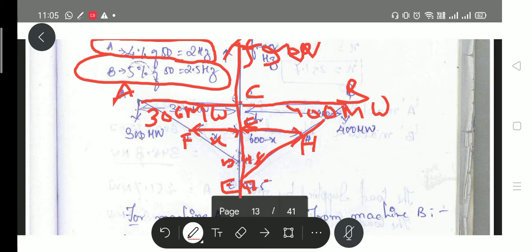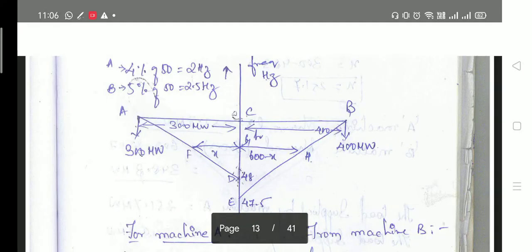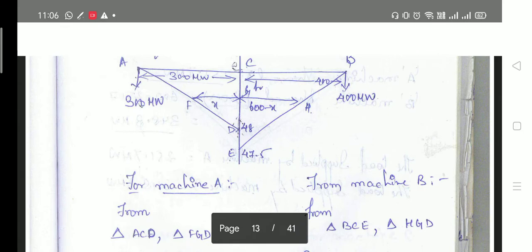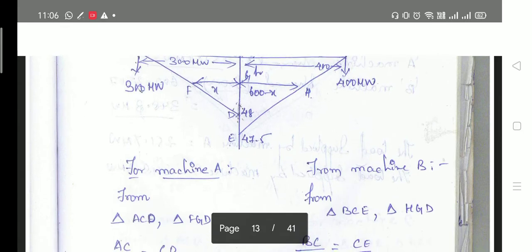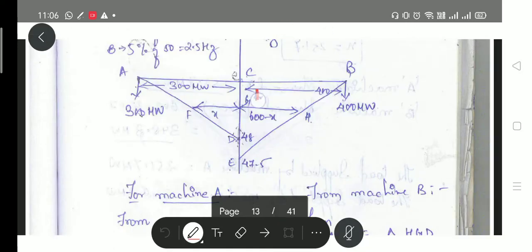After removing this drooping, we will get 47.5 here. From machine A, and G to C, I am taking one more point here, H.